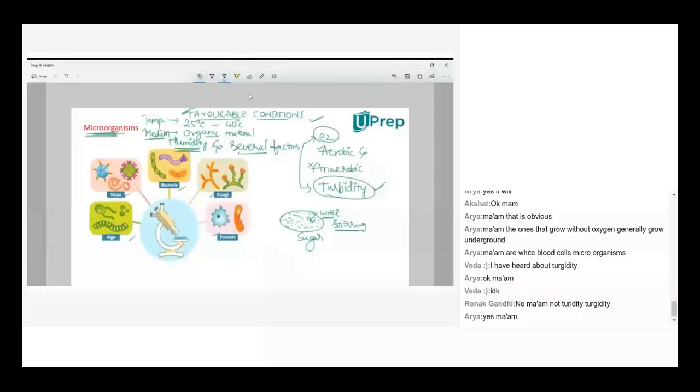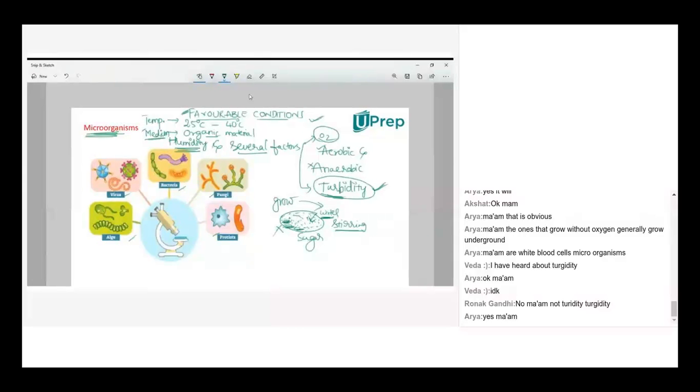Now, this example we can compare with turbidity. Turbidity is the point of medium where some material is available for the organism to grow and some material is not available to grow. In this example, the sugar which is dissolved in water is available for the microorganism to grow, and the sugar which is clumsy and not mixed with water is not available for the growth. So that's called turbidity.